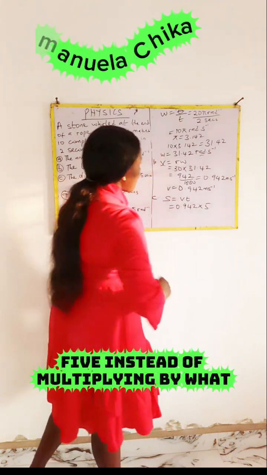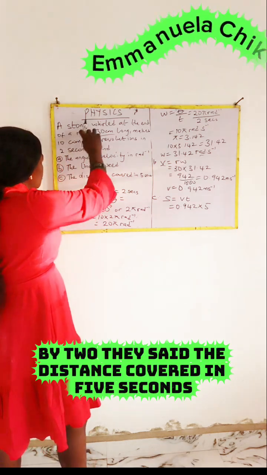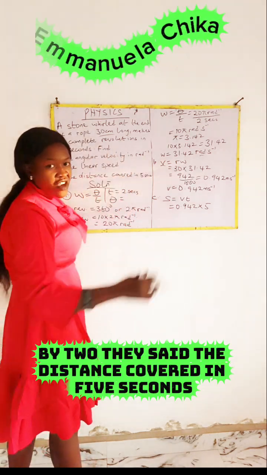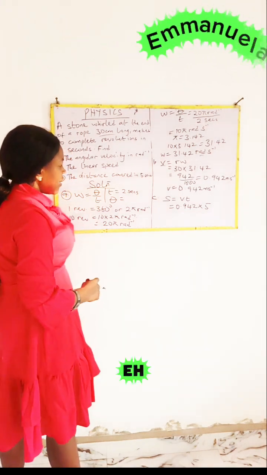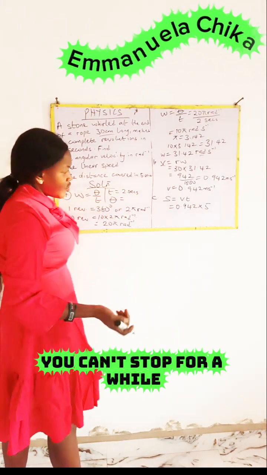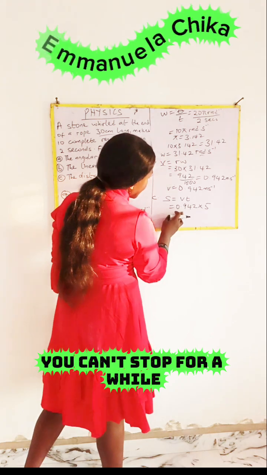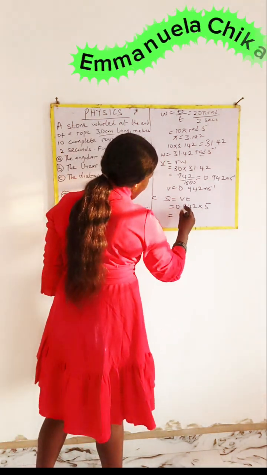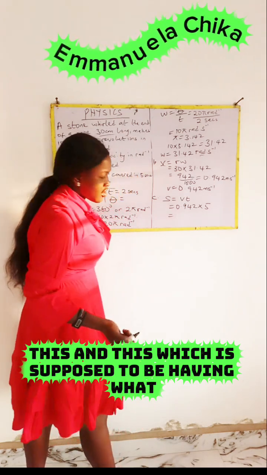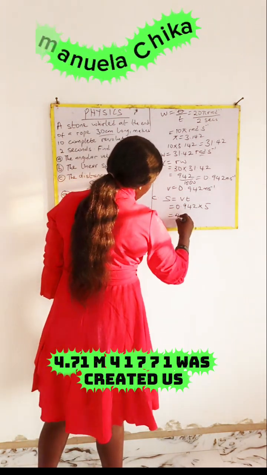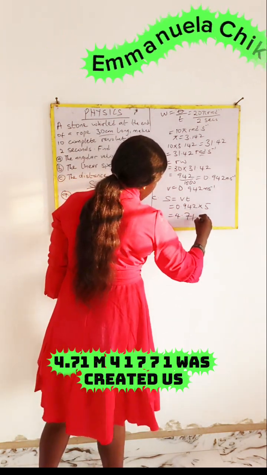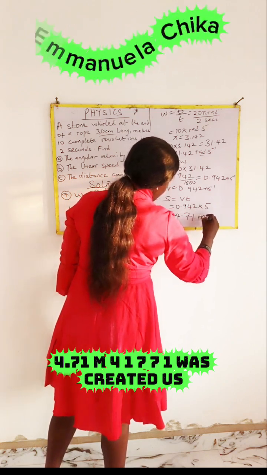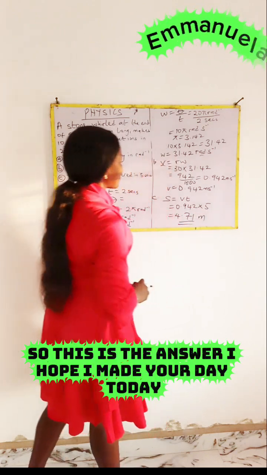I am multiplying by 5 instead of 2, because they said the distance covered in 5 seconds. So I will have 0.942 times 5, which gives 4.71 meters. So this is the answer.